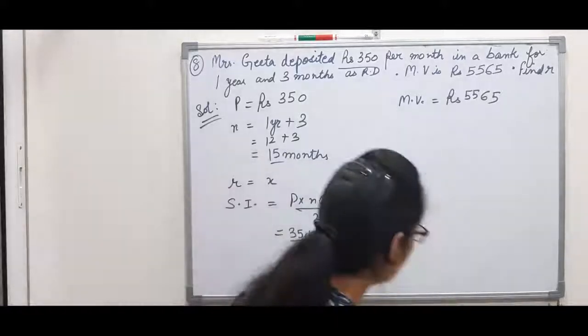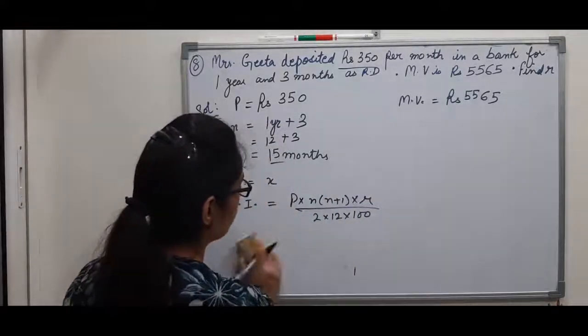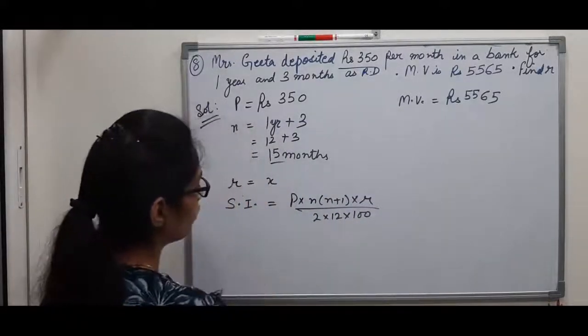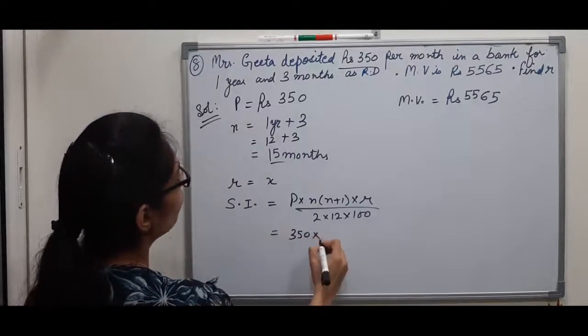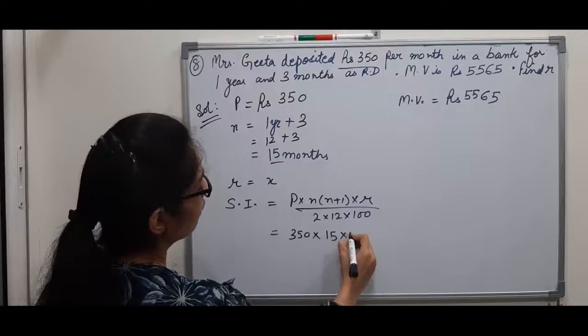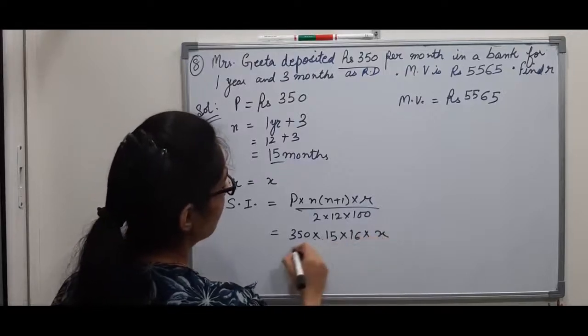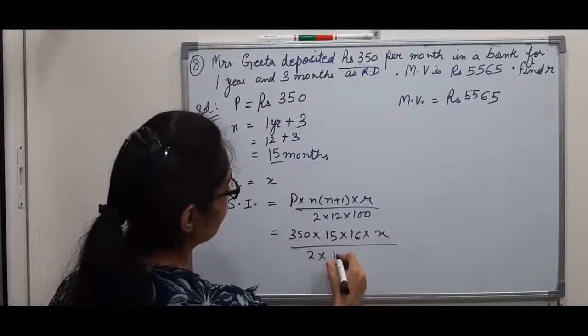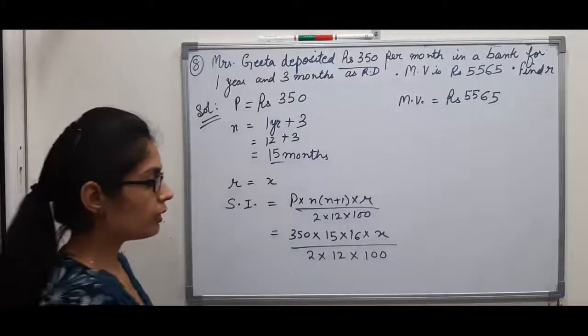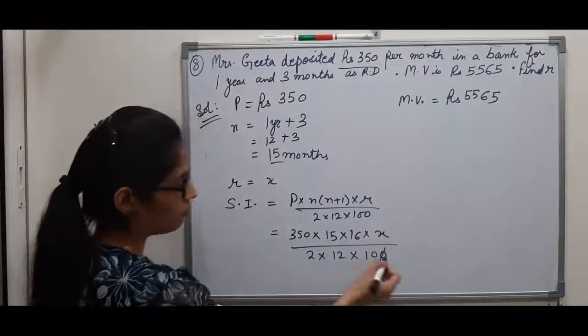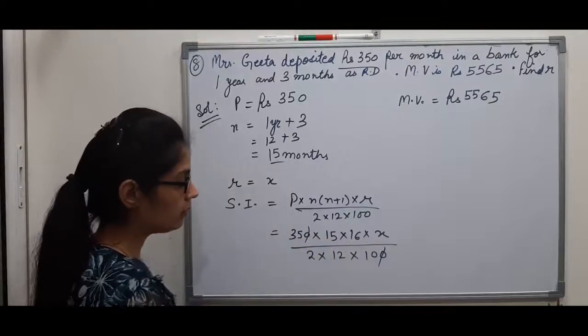So if you want, I will do that for you also. First P I have written 350 into 15 into 16 into r as x, over 2 into 12 into 100. Only two cancellations I will do in one step so that there will not be any confusion. 0 and 0 will get cancelled.